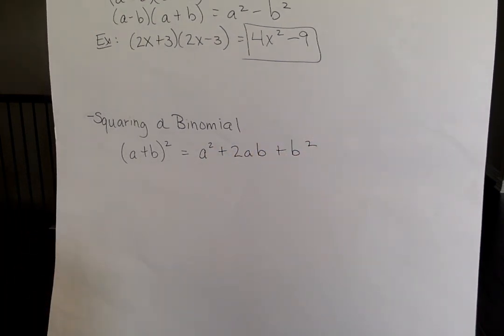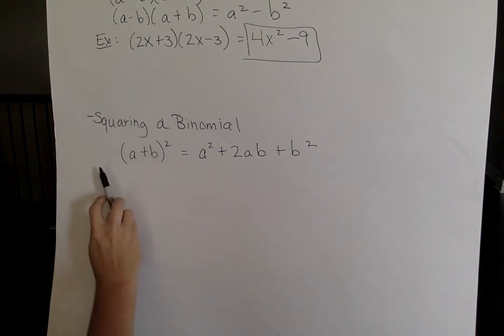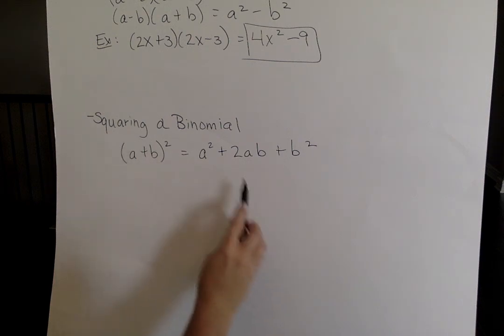Okay, and again, we talked about this with the properties of exponents. We have a property for the power of a product and power of a quotient. We do not have a property for the power of a sum, which is what this is. So if we wrote this out, a plus b times a plus b, this is what we get every time.